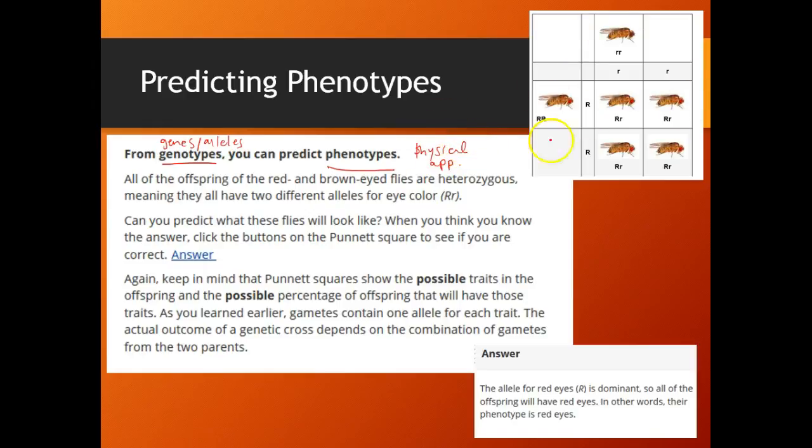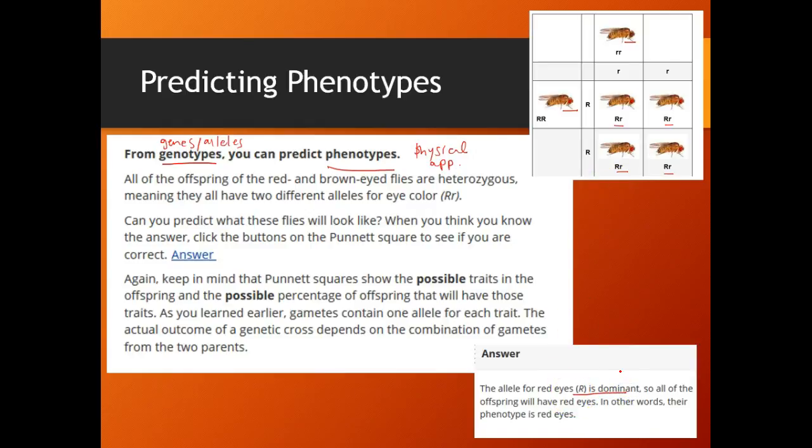Okay, so if we look at the Punnett square we filled out right here, remember we had a red-eyed fly with a brown-eyed fly, and we crossed them and we saw that we had all big R, little r, big R, little r, big R, little r, and big R, little r. And so because we know the possible genotypes, we can then predict the phenotype. And we know that the big R is dominant.